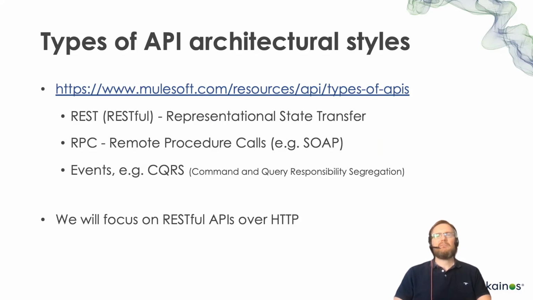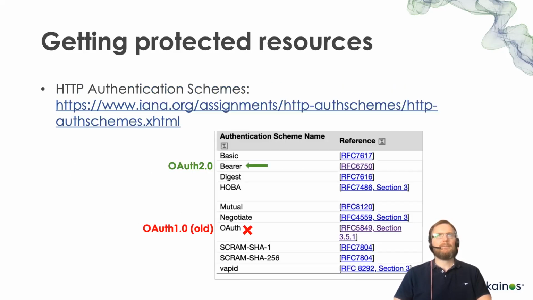It can use various types of data like JSON or XML, and the most common protocol for that is HTTP. Then another one is Remote Procedure Call, still very popular, with an example of SOAP messages, and events with an example of CQRS. Today, we would like to focus on RESTful APIs over HTTP.